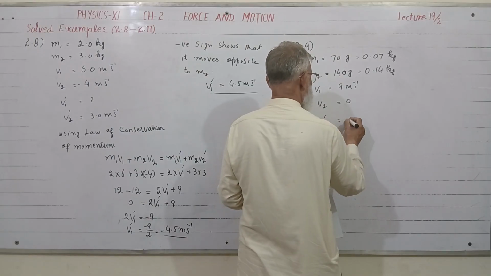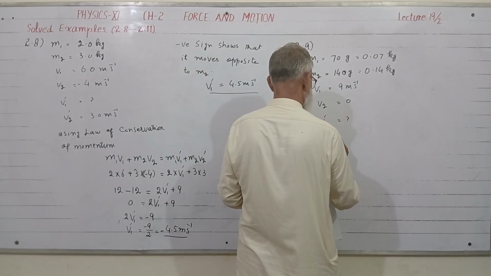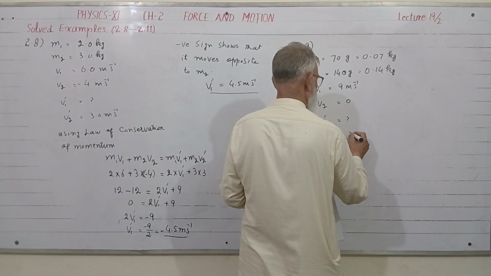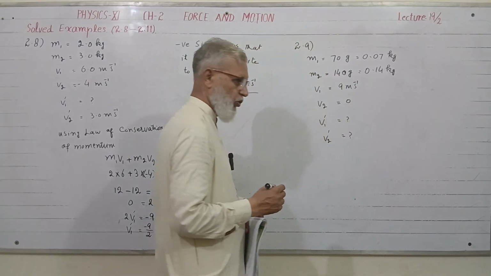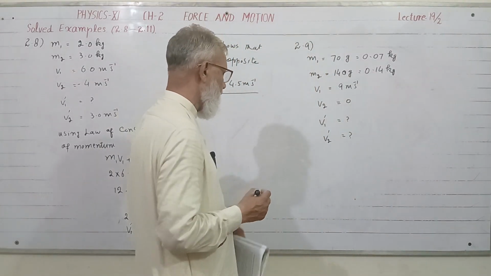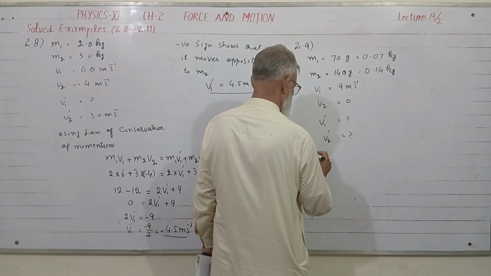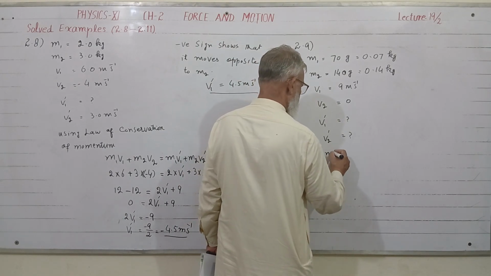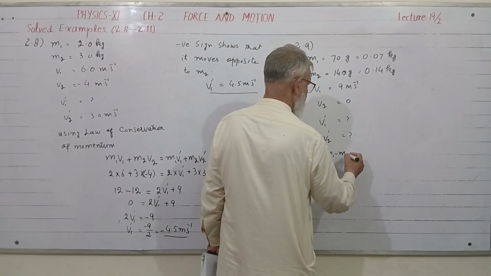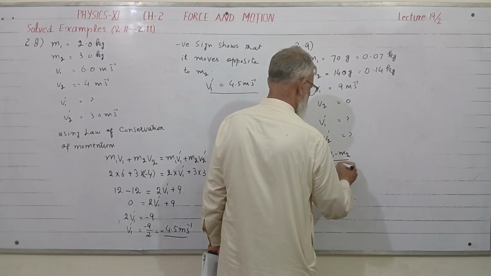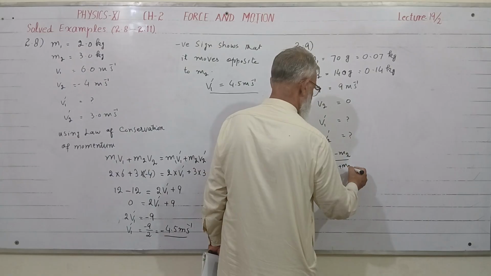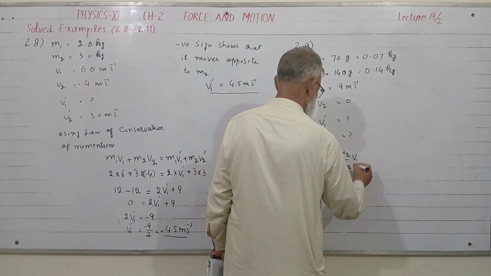We have to find V1 prime and V2 prime. You should know the formulas. V1 prime is equal to M1 minus M2 over M1 plus M2 times V1.